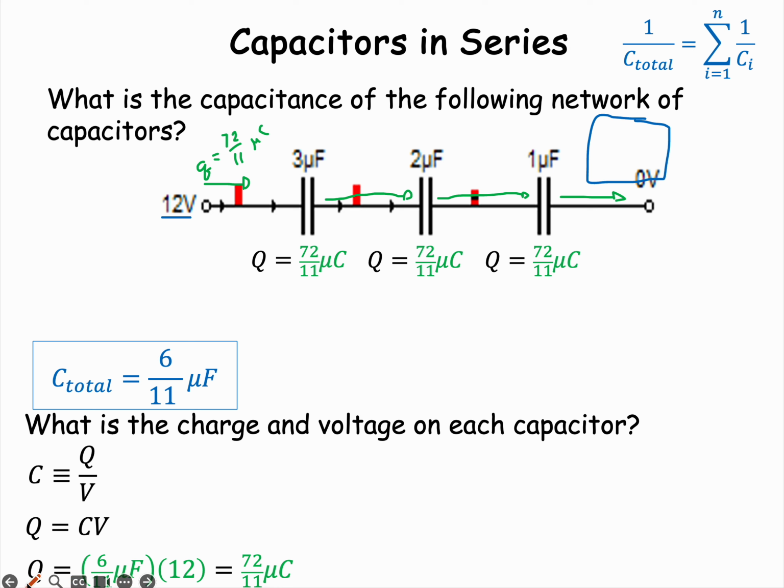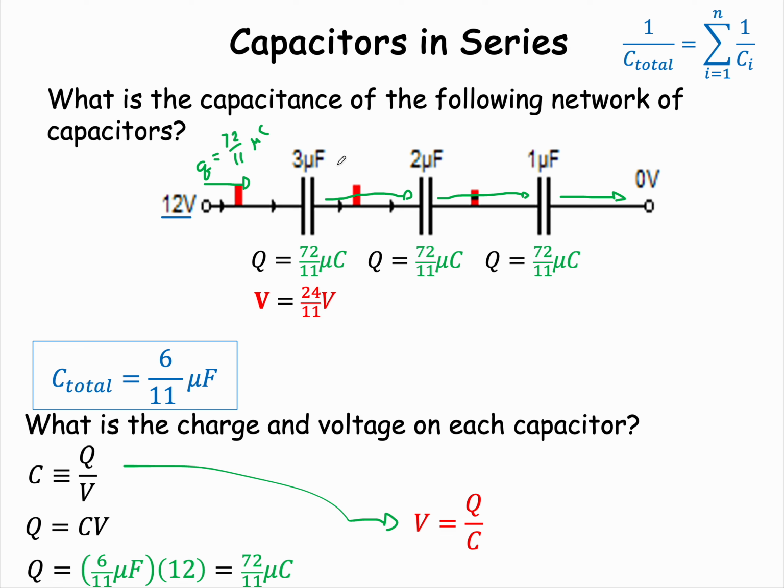And then the question is, well, what's the voltage on each one of these? Let me erase that for a second. Well, if you remember, you can rearrange this same equation down here and actually solve it for voltage. If you do that, you'll discover voltage is equal to charge over capacitance. We know the charge on this 3 microfarad capacitor, and so we can actually solve this one by just taking that divided by 3.